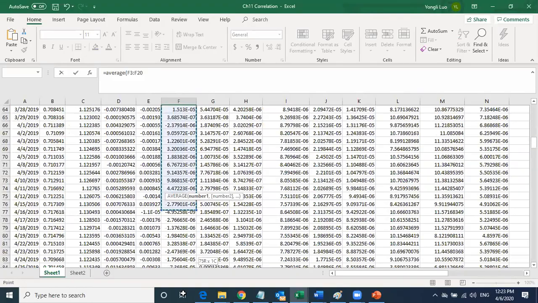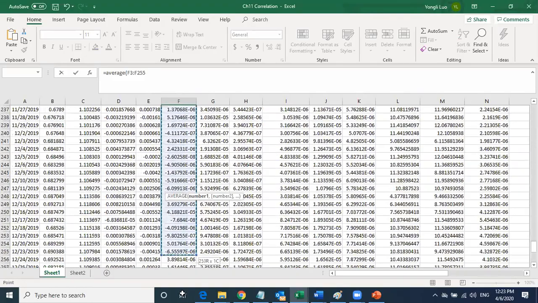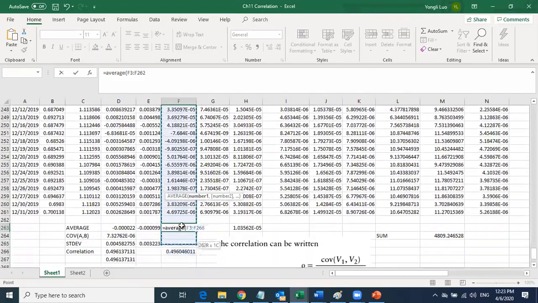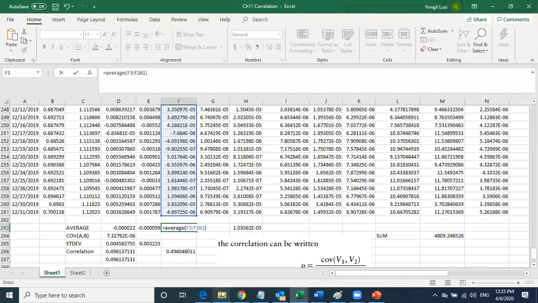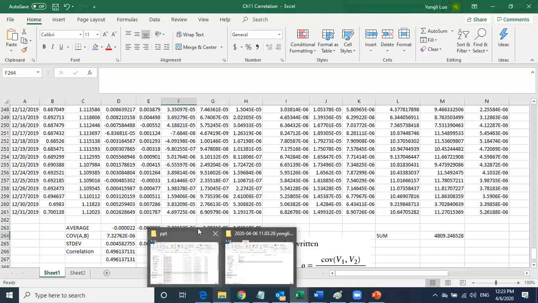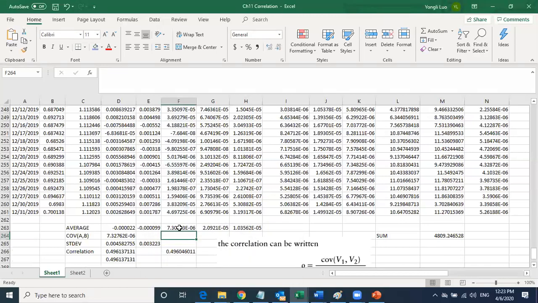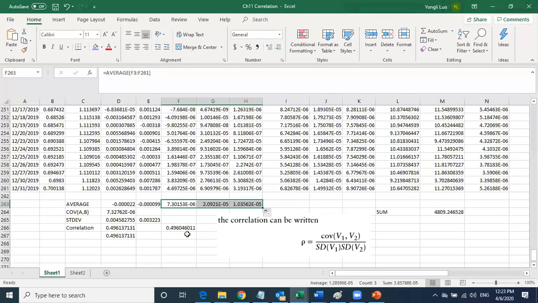Use all the numbers. So you take the average, and then you do the same thing for the other two. Take the average. And then you do the correlation.